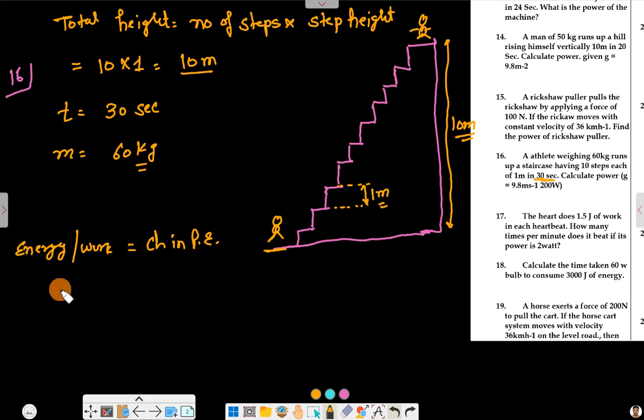Okay. So here work equal to change in potential energy, and the formula for change in potential energy is mgh. So mass is 60. G here is mentioned again. We have to use 9.8. So 9.8 means 98 by 10 and height is 10.